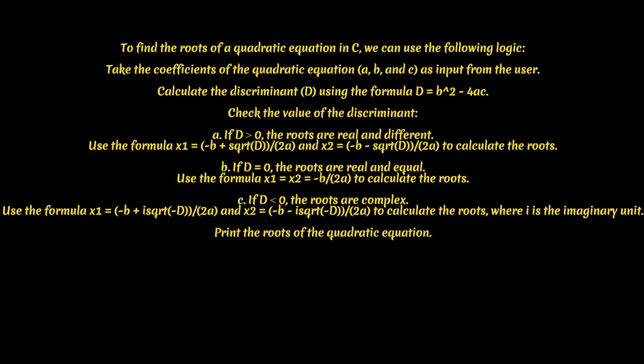Use the formula x1 equals x2 equals minus b divided by 2a, to calculate the roots. Case third. If d is less than 0, the roots are complex. Use the formula x1 equals minus b plus i sqrt d, divided by 2a, and x2 equals minus b minus i sqrt d, divided by 2a, to calculate the roots, where i is the imaginary unit.